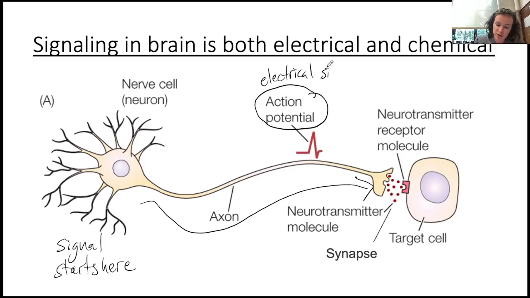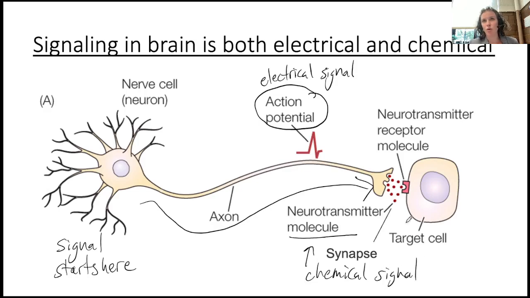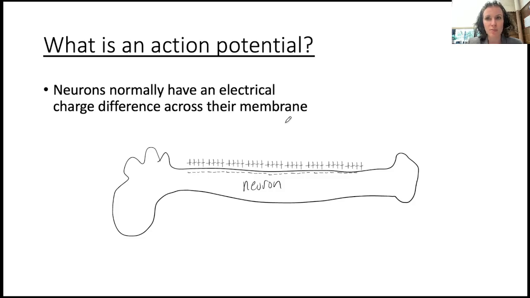The action potential is an electrical signal, and eventually that electrical signal reaches the end, and so neurotransmitters are released, and this is a chemical signal that can then go on to the next cell and tell it, hey, keep sending the signal, keep doing the communications, right? But last time we were together, we didn't really go into any detail about what an action potential is. So what is an action potential?